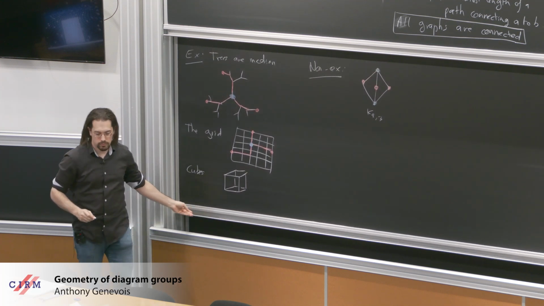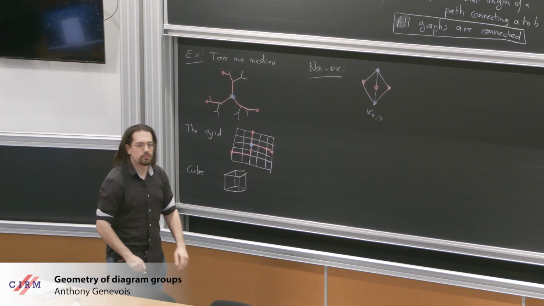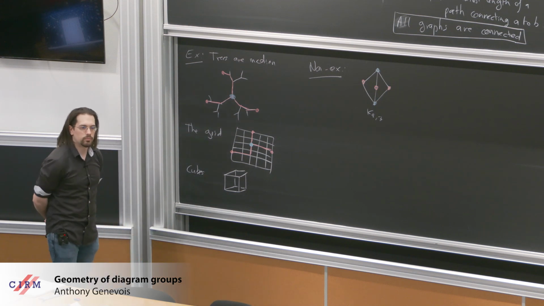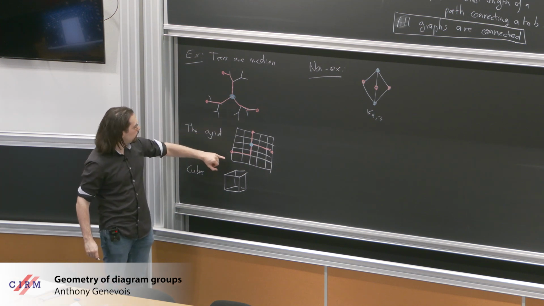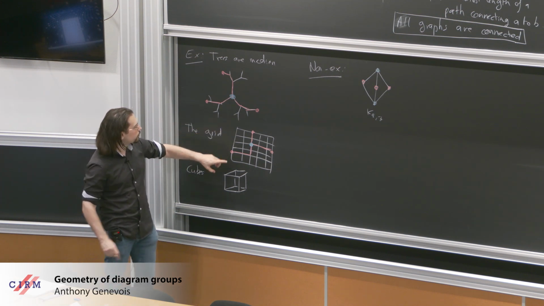Okay. Sorry, just to understand the grid example. If I have just a line graph, a one dimensional grid, the unique median point is just the point that is between the others, right?